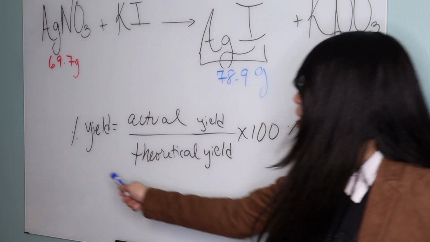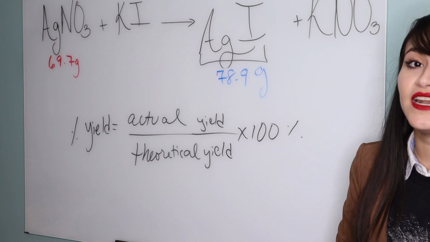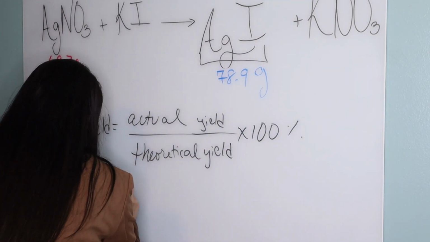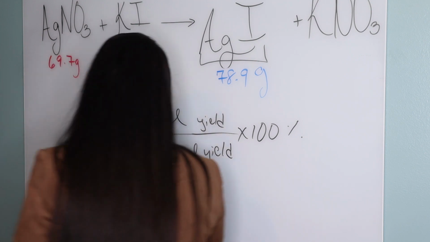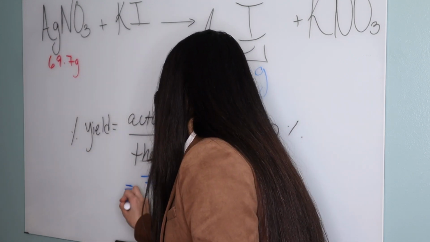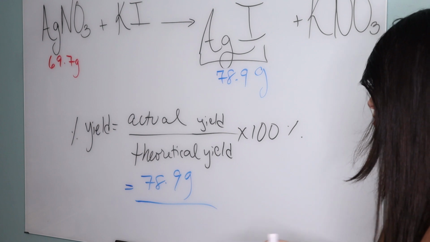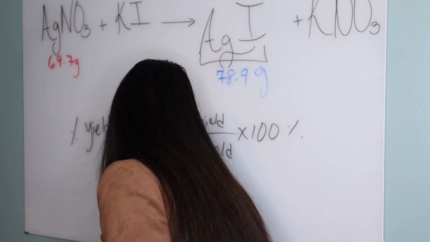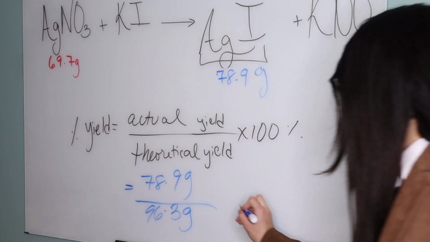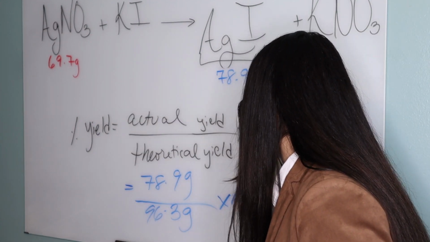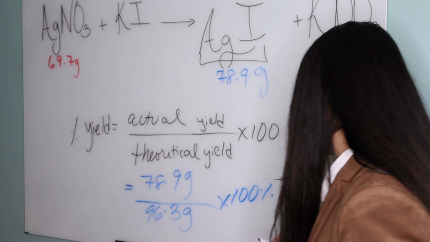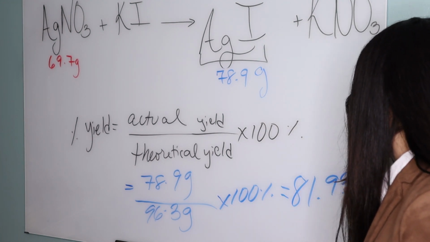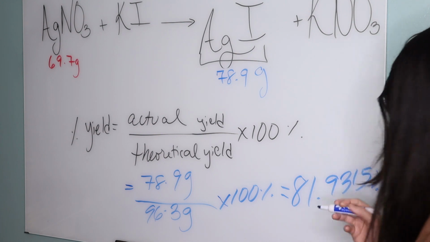So let's take this equation right here and plug in our numbers. This is our actual, so that's going to be 78.9 grams over the theoretical yield, which was 96.3 grams, times 100%, that comes out to be 81.9315%.